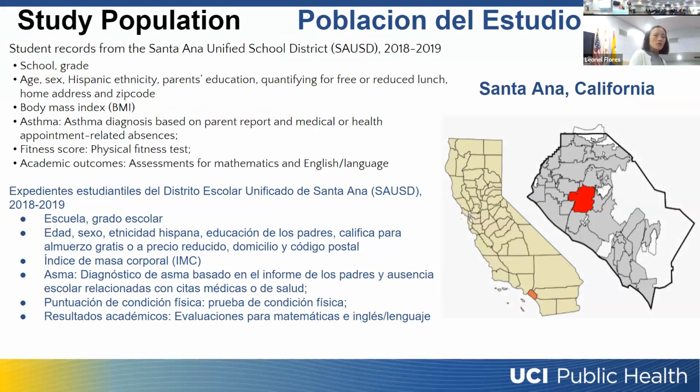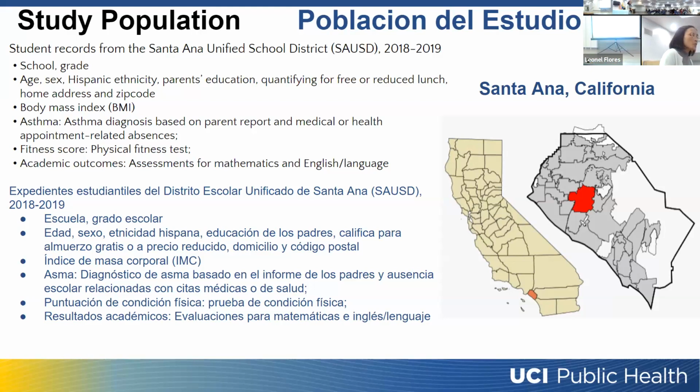Those include a lot of data: which school the kids attend, the grade, age, sex, Hispanic ethnicity, parents' education, whether they qualify for reduced-price lunch, the home address, and the zip code of the home address.